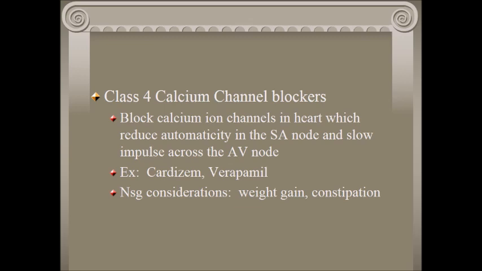Class 4 calcium channel blockers block calcium ion channels in the heart, which reduce the automaticity in the SA node and slow impulse across the AV node. This results in decreasing the rate and conduction, as well as decreasing oxygen demand, cardiac workload, and increasing oxygen in the myocardium, which is a good thing.